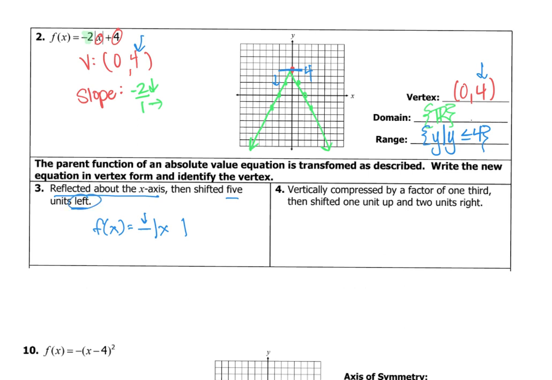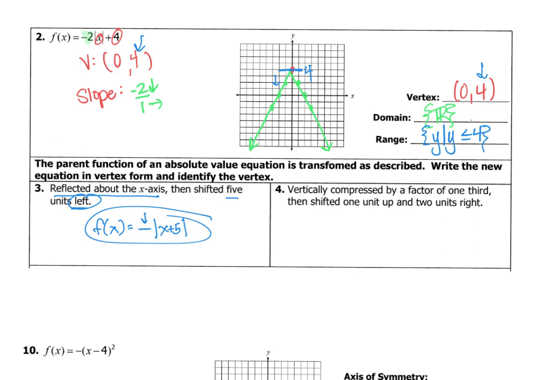When I see left, that actually means to add inside with the x value inside the bars. And we put plus 5, because when that plus 5 comes out of the bars, it would be the opposite sign, negative 5, which again, left of the origin would be negative. So this right here is the equation that represents what number 3 is talking about.